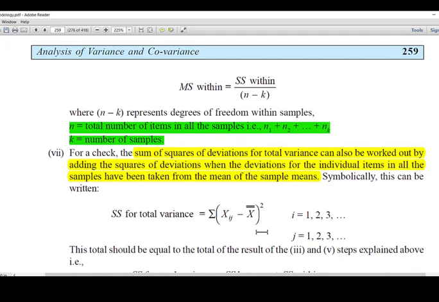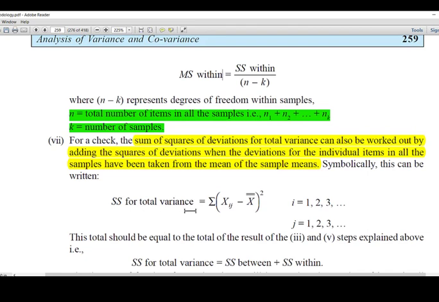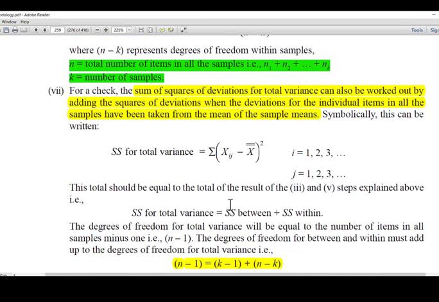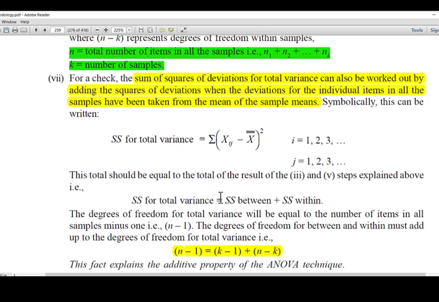And then SS for total variance. This is done for a check, that the sum of squares of deviations for total variance can also be worked out by adding the squares of deviations when the deviations for the individual items in all the samples have been taken from the mean of the sample means. This is given by this. And in fact, SS for total variance is equal to SS between plus SS within.